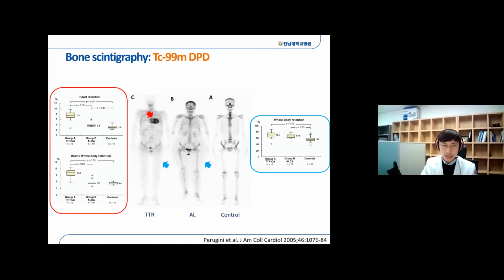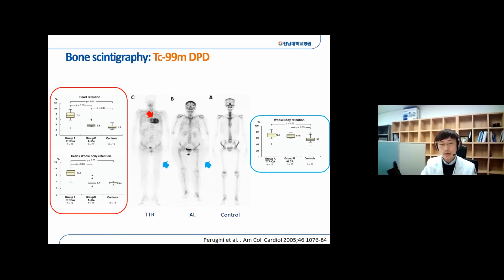Grade 1 uptake is equivocal for the diagnosis of ATTR cardiac amyloidosis. So the guidelines recommend further imaging tests or endomyocardial biopsy according to local expertise and availability of the imaging modalities. In equivocal cases, the patient's history, other imaging findings, and the patient's disease progression course should all be considered to differentiate the patient's subtype.